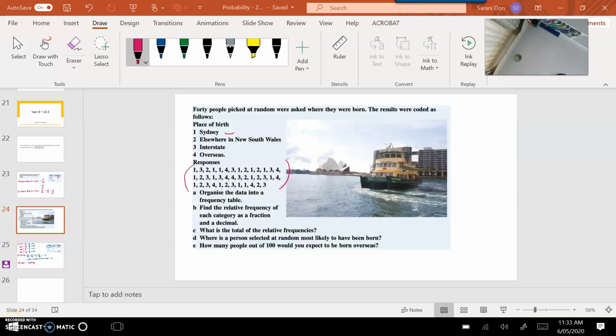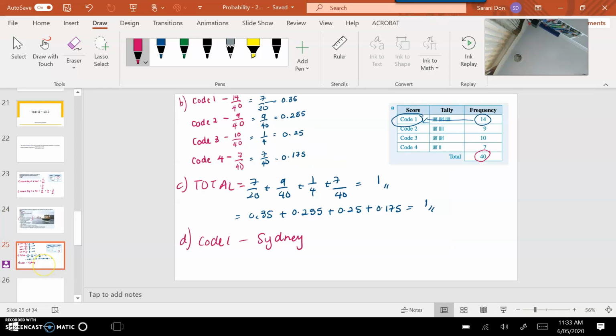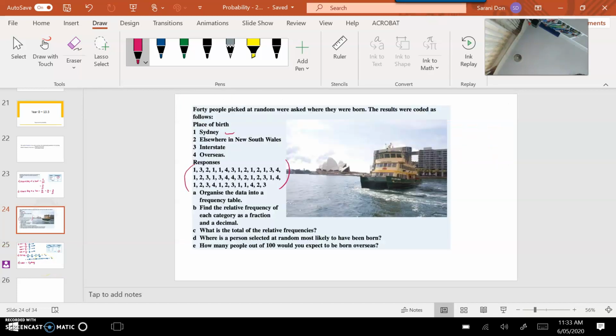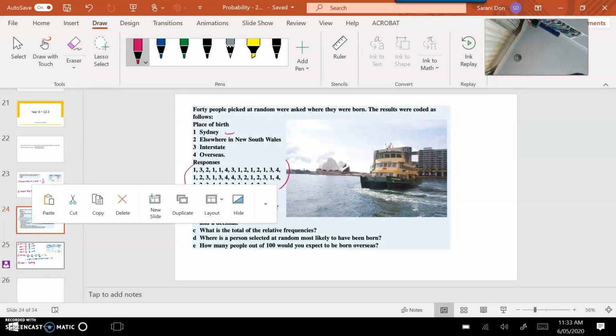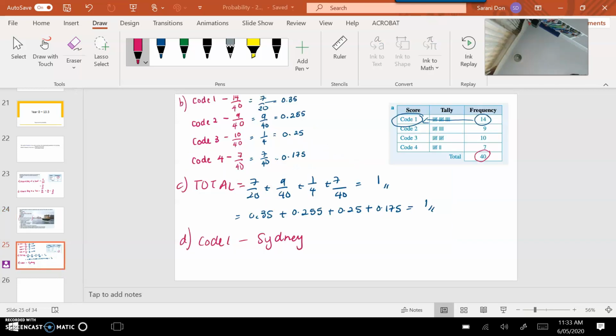Okay, and last one, how many people out of 100 would you expect to be born overseas? Okay, so if we go back to our data, overseas was number 4. So go back to this, code 4. This was overseas, which was 7. So 7 out of 40, this one here.